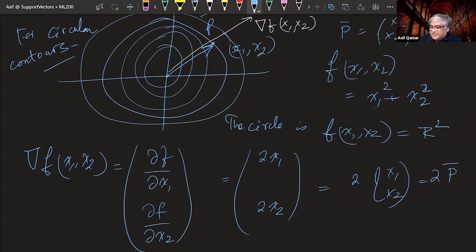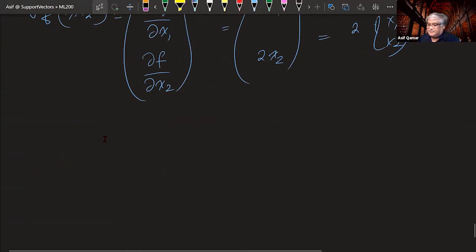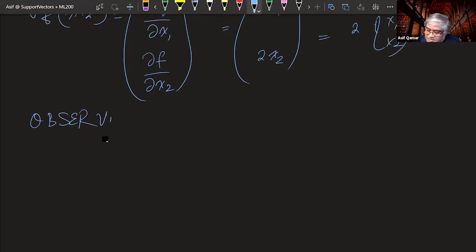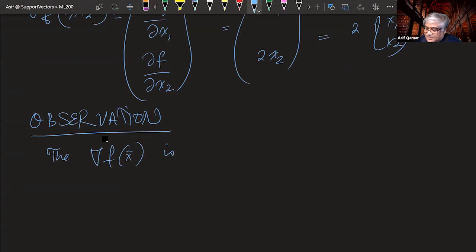So we notice the fact, let me write it as an observation: grad f of the x vector is perpendicular to the constant curves.